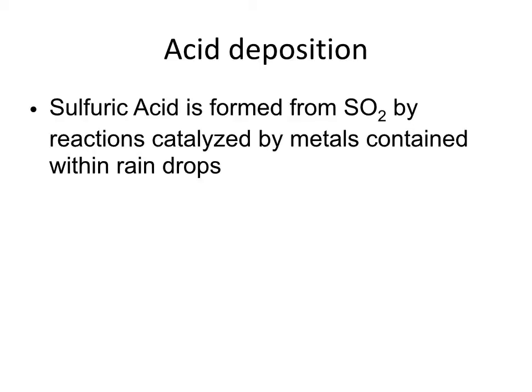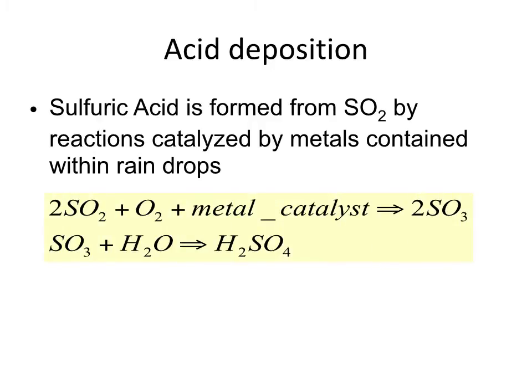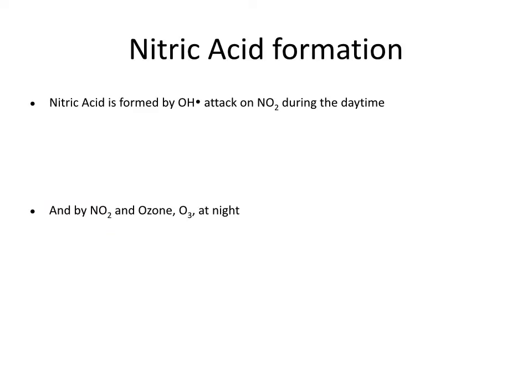Acid deposition is formed most significantly from sulfuric acid, from sulfur dioxide emitted from combustion processes. Two sulfur dioxide molecules react with oxygen and some particulate matter in the atmosphere to form two SO3 in the air. The SO3 reacts with water to form sulfuric acid, H2SO4, in solution.